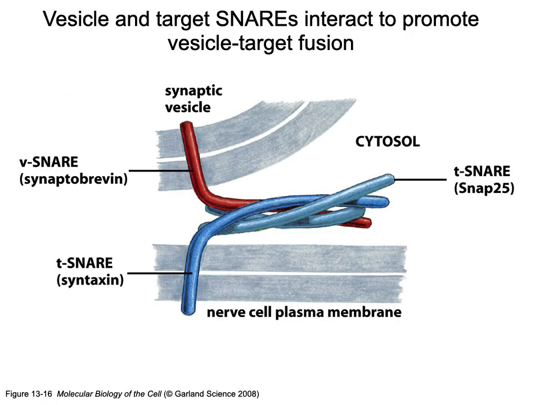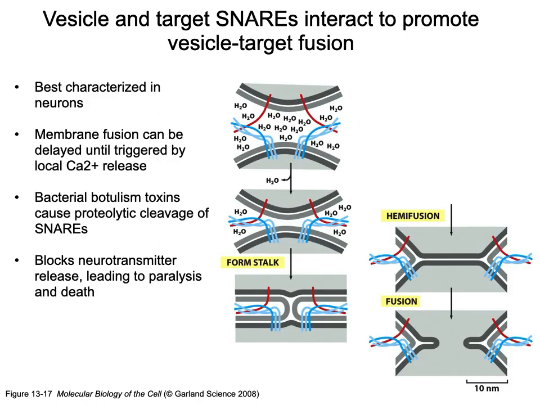So here we can see how we have our snares coming together, so they end up again intertwining and fusing together, so that those interactions can occur. What's going to end up happening is, when we look at the membranes, they are going to form a stalk. Remember that these are bilayers.